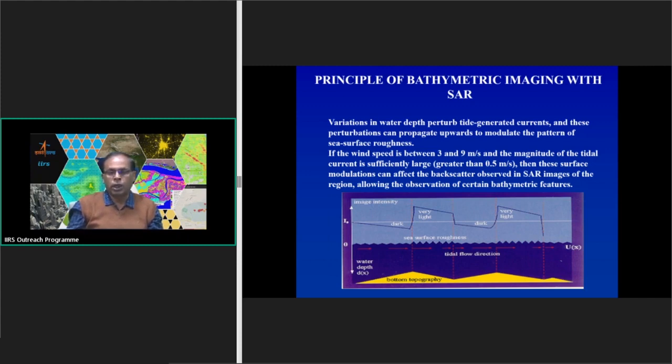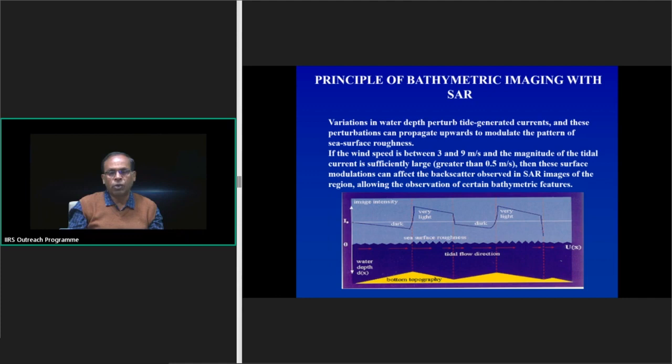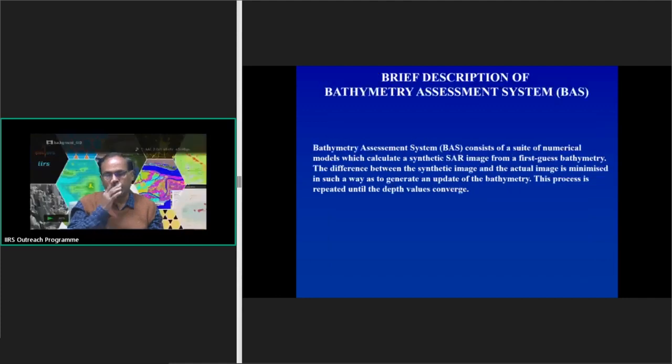Later on, you can use this to simulate the SAR image. And when you have the real SAR image over the study area, you can compare both of them and you can find out the bathymetry from the simulation study.